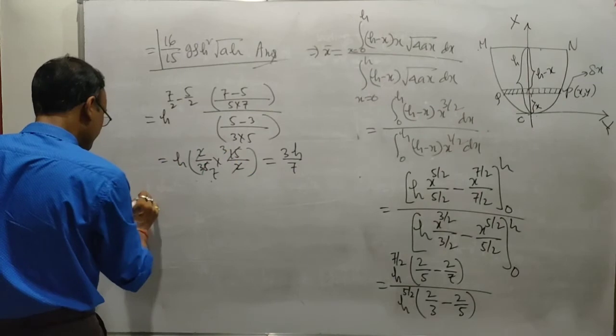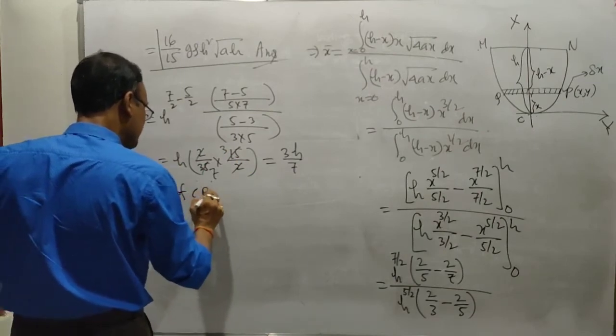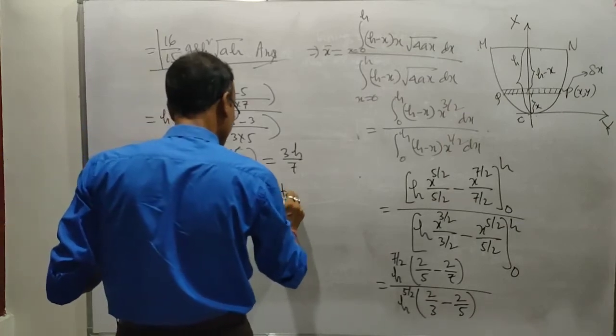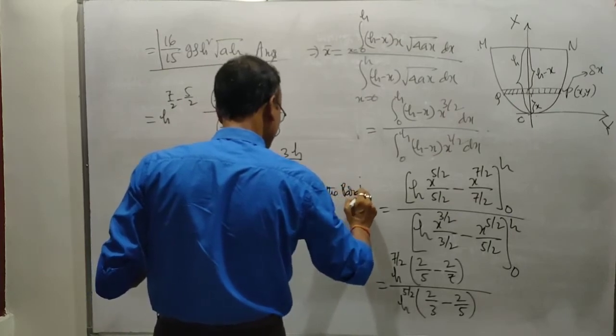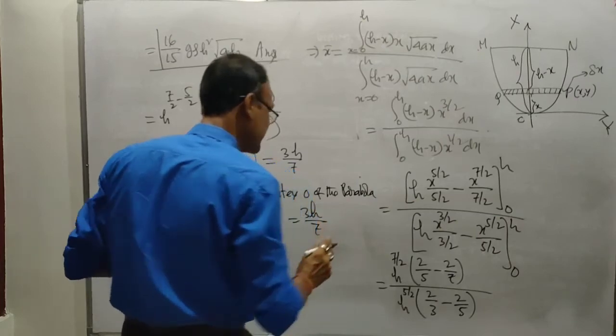Therefore, depth of center of pressure from the vertex O of the parabola is equal to thrice h divided by 7.